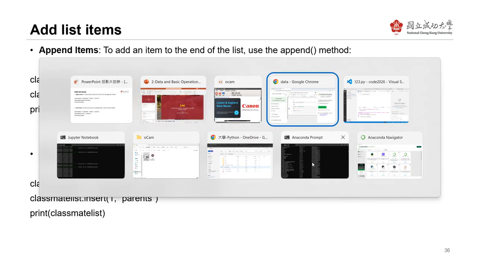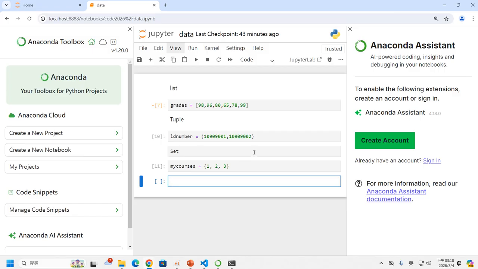So I can go here to show you. We want to use the list, right? Just like NCKU list is classmates, daddy, and mommy.